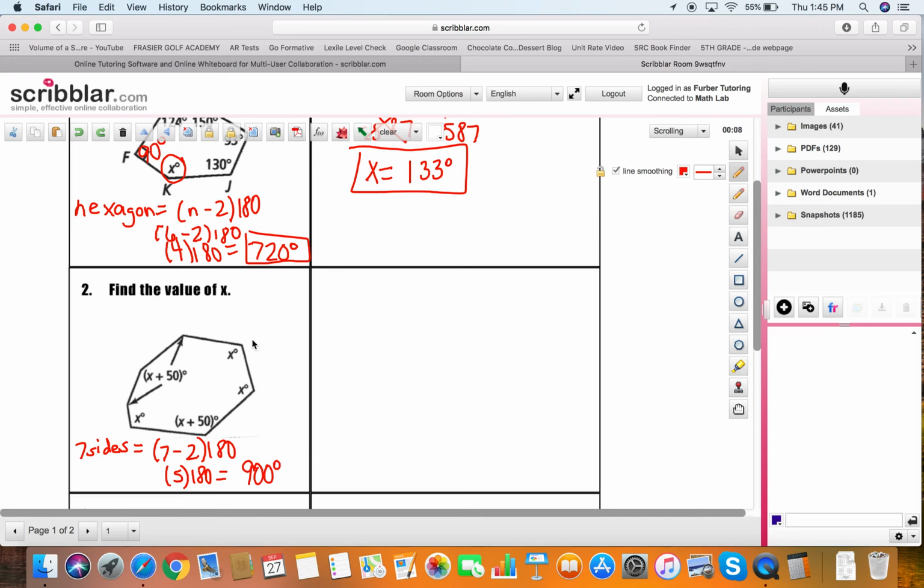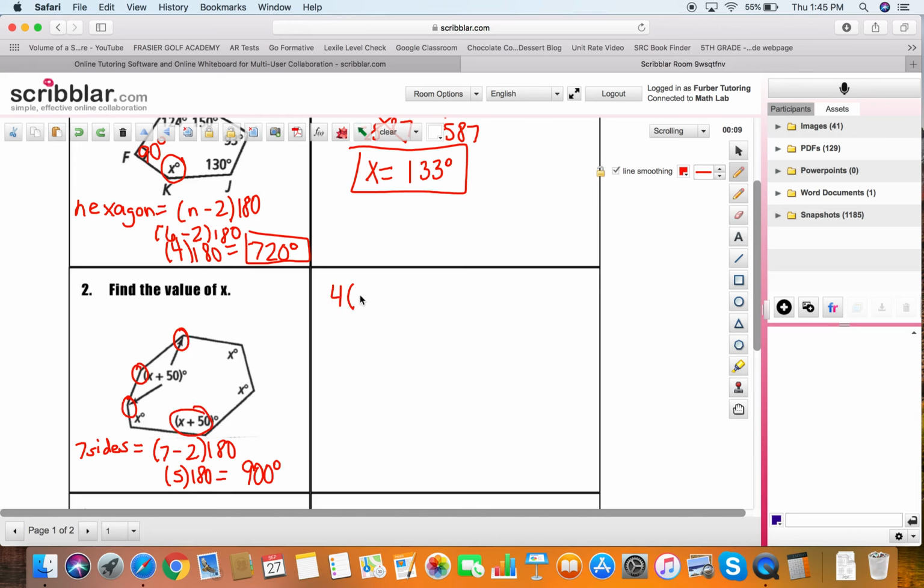Now, I don't know any of these angles. I know this angle is x plus 50, this angle is x, this angle is x, and these 3 right here are all x plus 50, okay? So altogether there are 1, 2, 3, 4 angles that are x plus 50.